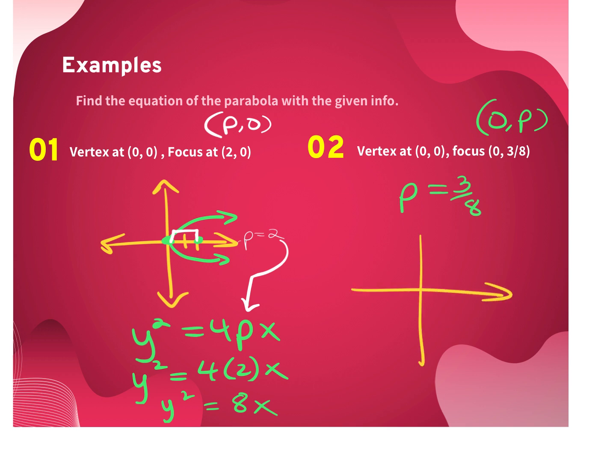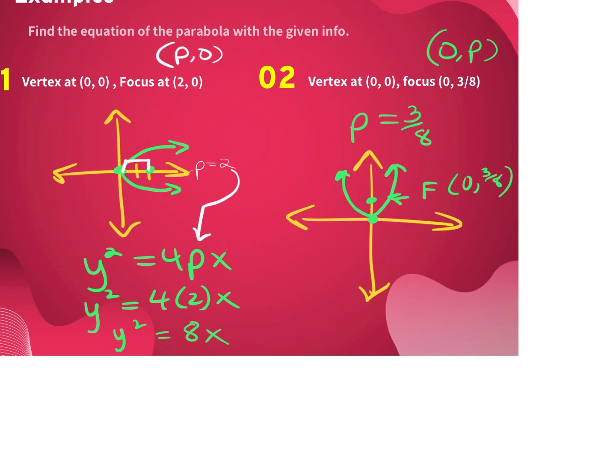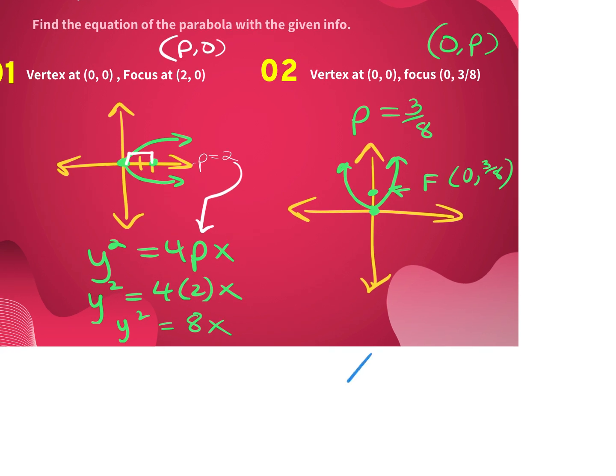So if I graph this, vertex 0, 0, focus at 0, 3/8. Remember, your parabola surrounds the focus. So I can see it's the up and down graph. So this is going to tell me that I'm going to be using the x squared equals 4py.